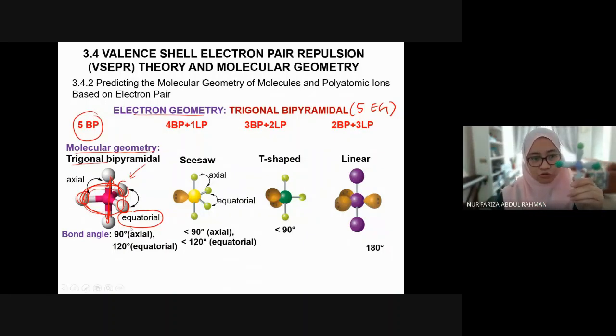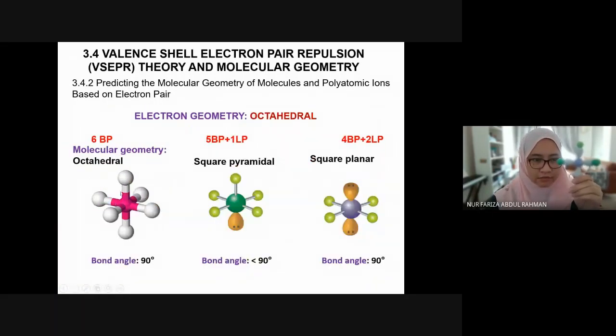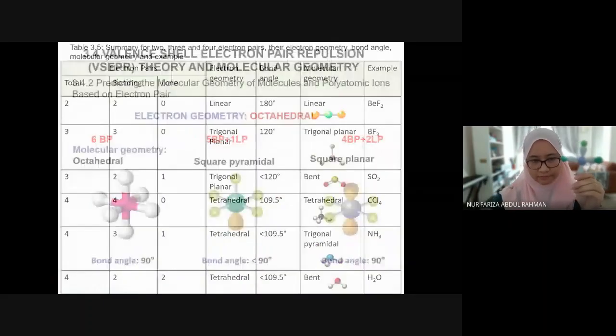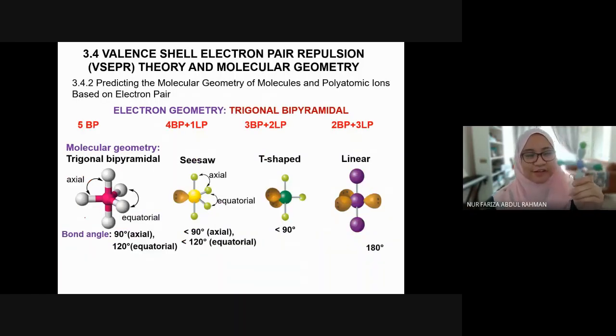If I want to show, let me show you the bond angle on the diagram. Okay, so this one. This one is 90 guys. Okay, and this, what is this? Okay, sorry, that other one is octahedral. Okay, this one, this is axial, this is equatorial. Okay, alright, see the circle.